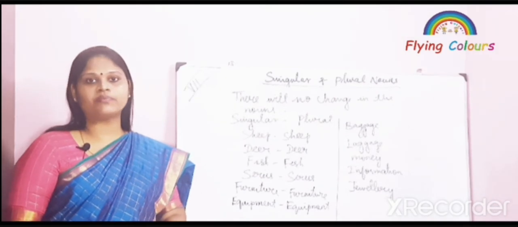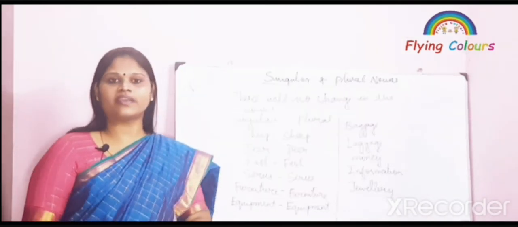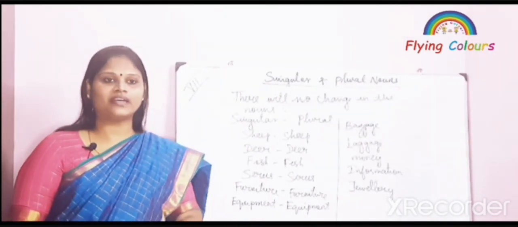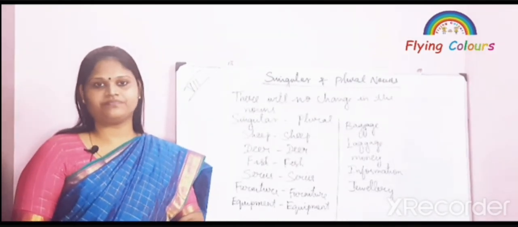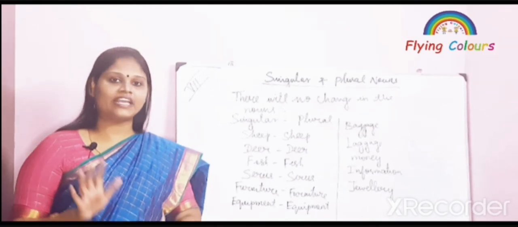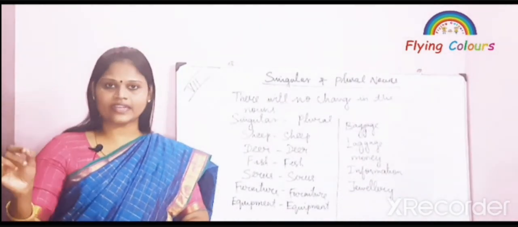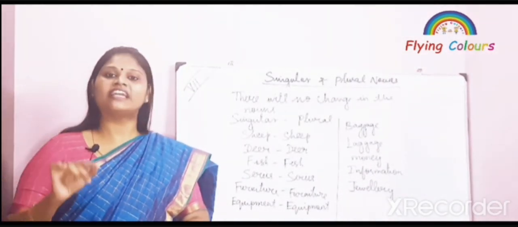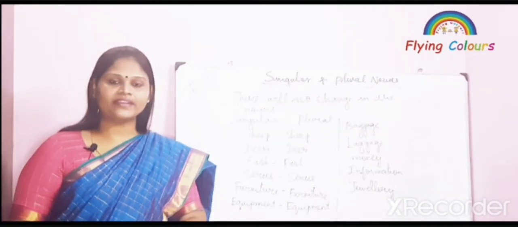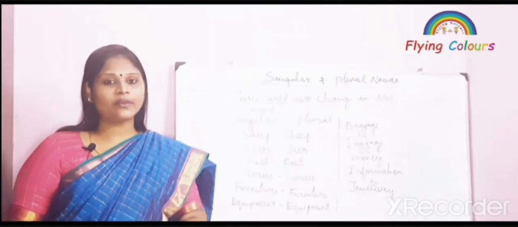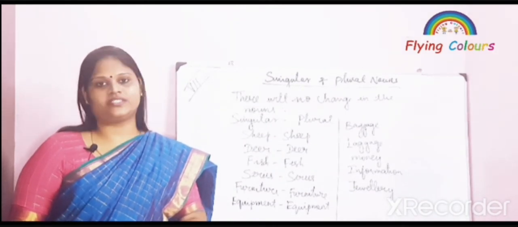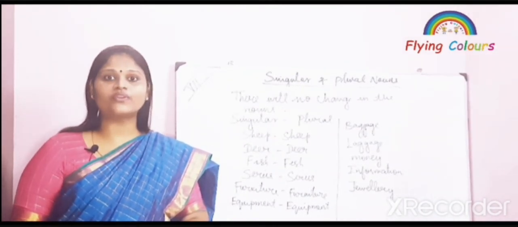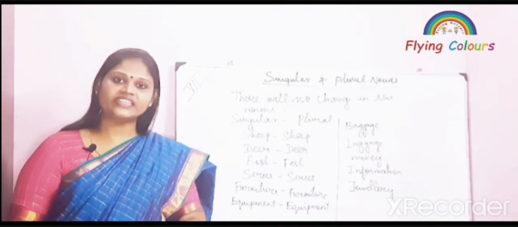For example, let us make some sentences with fish. My mother went to the market and she bought 5 fish. So 5 is a plural, but I didn't say 5 fishes, only 5 fish. See, another example, I went to the fish aquarium and saw many fishes. So, if you talk about a variety of fishes, you can say fishes.